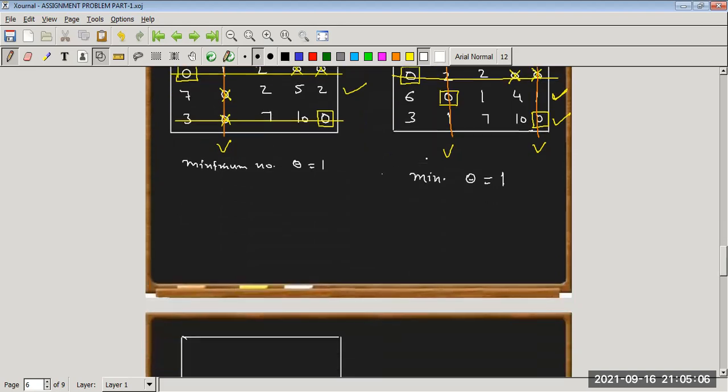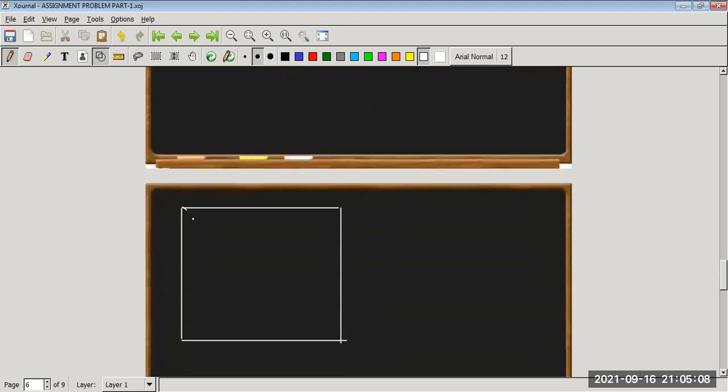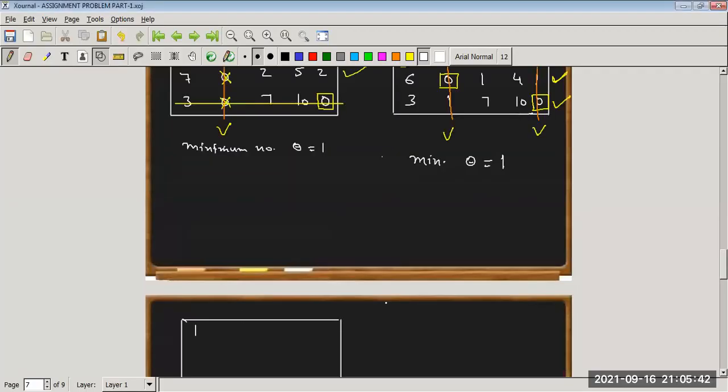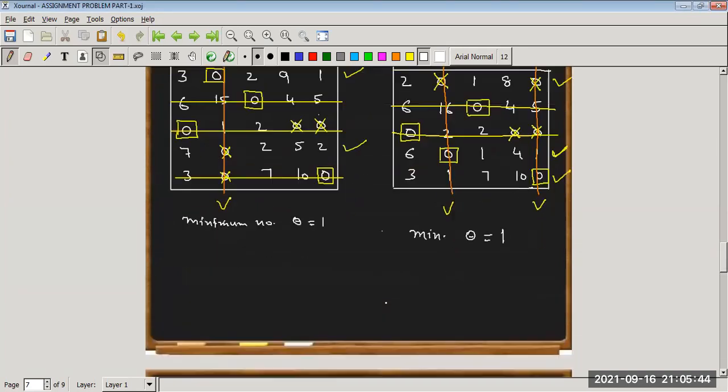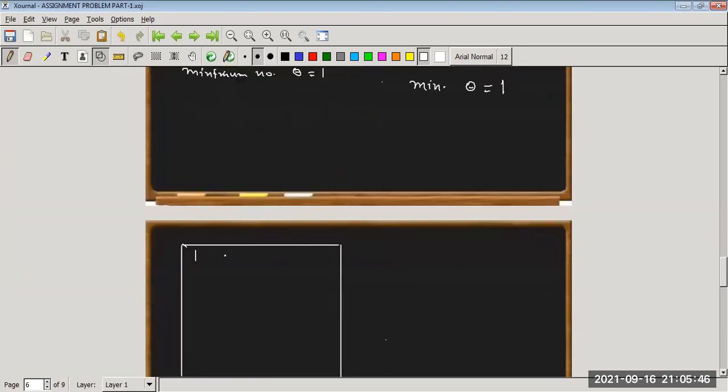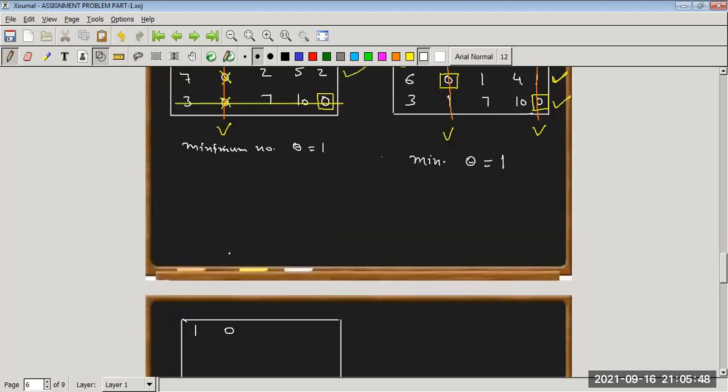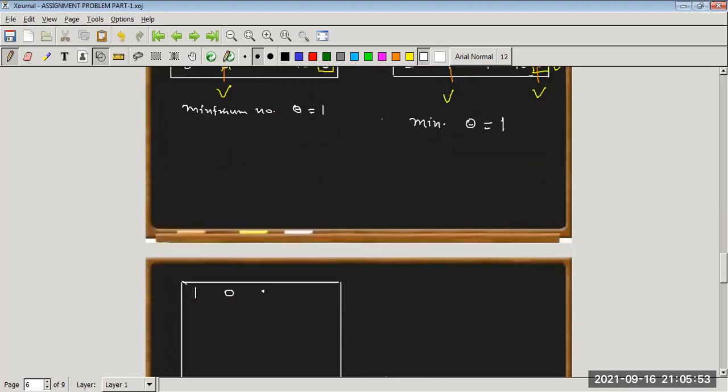So 2 becomes 1. 2 minus 1, it becomes 1. 0 remains 0. So we put 0. 1 becomes 0, 8 becomes 7. 0, 7, 0.